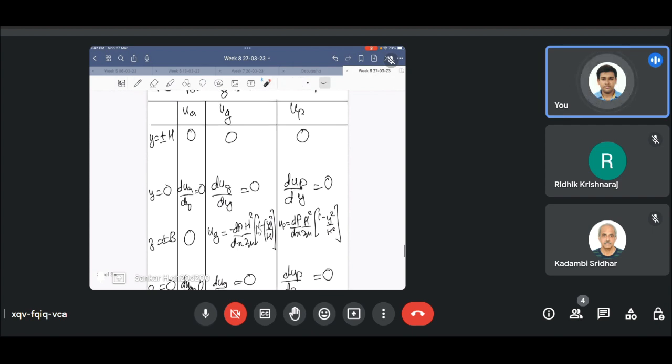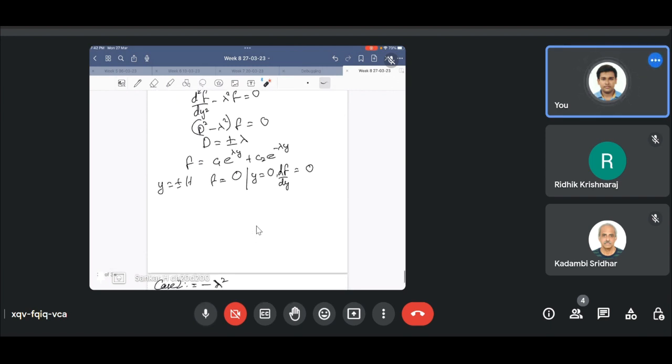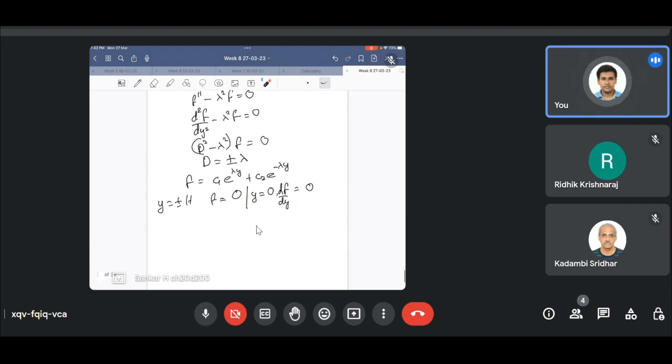So f is only a function of y, where at y equal to plus or minus h it should be 0, and at y equal to 0, df by dy should be 0. That's exactly what I have written here.